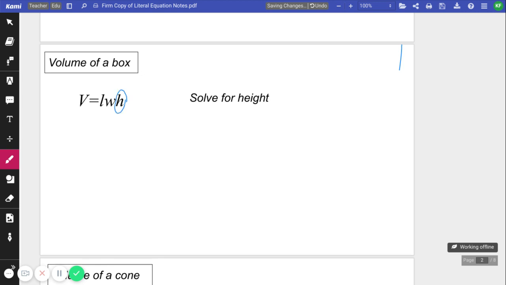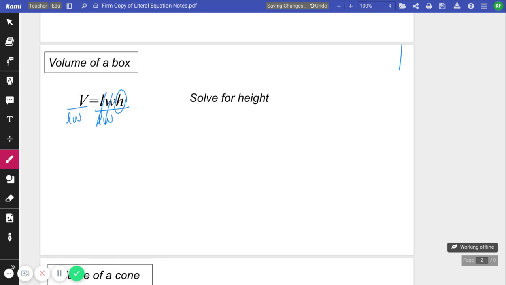So I like to circle, especially during literal when there's a lot of letters, the one I'm looking for. So I'm looking for height. I want to get height by itself. In order to do that, I see here that I have length times width times height. So in order to move the length and the width away from height, all I have to do is divide by length times width.